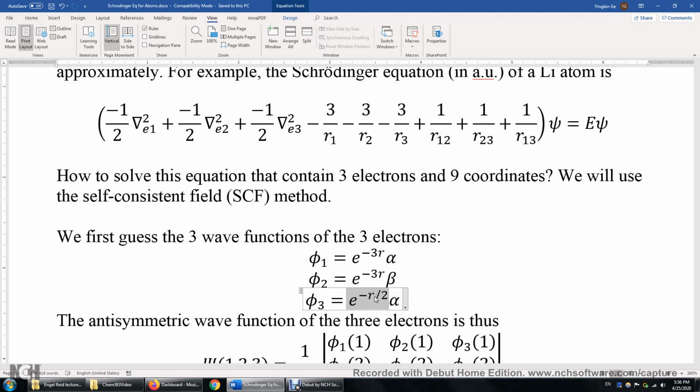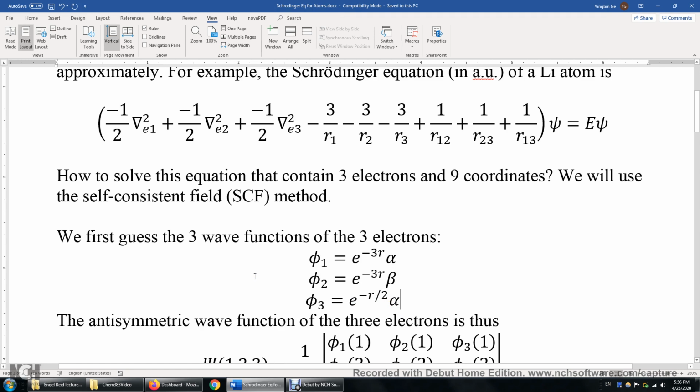And therefore, I'm using this e to the power of negative r over 2 as my initial guess. Again, if you have just a simple hydrogen atom, and if you look at the 2s electron in the hydrogen atom, the wave function is e to the power of negative r over 2. And then I'm assuming the third electron has an alpha spin.